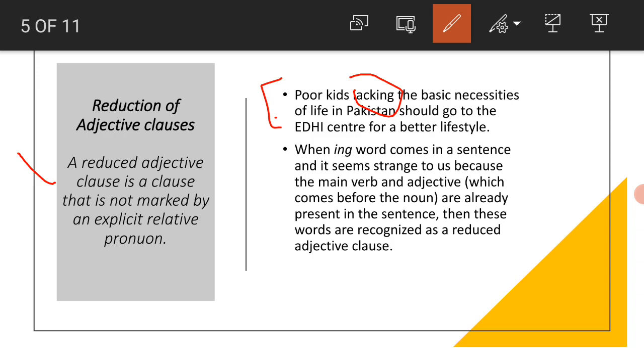If you're thinking that it is an adjective, I'm sorry, you are wrong, because adjectives always come before the noun. And if you're thinking that it's a present participle, then again, it can't be a present participle here because it's not acting as a main verb. So in this particular sentence, lacking is an example of a reduced adjective clause.